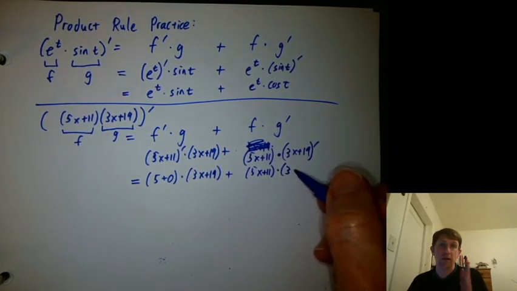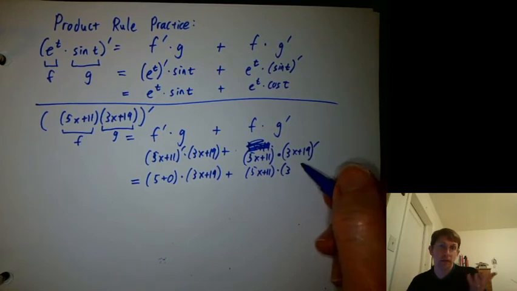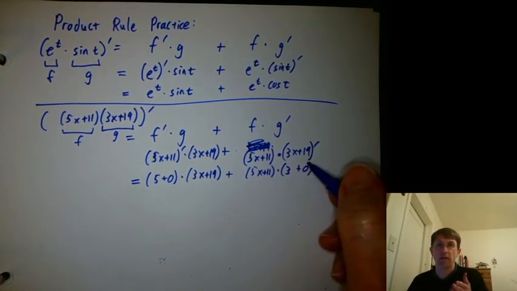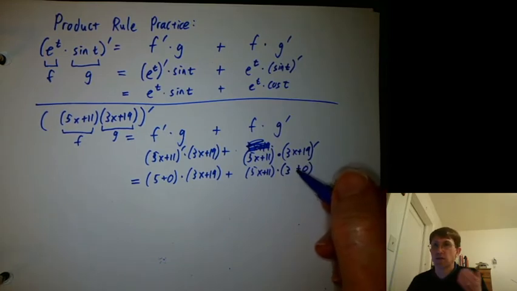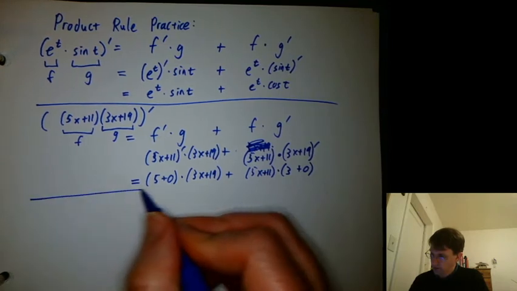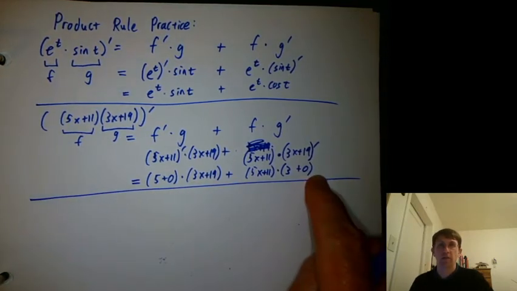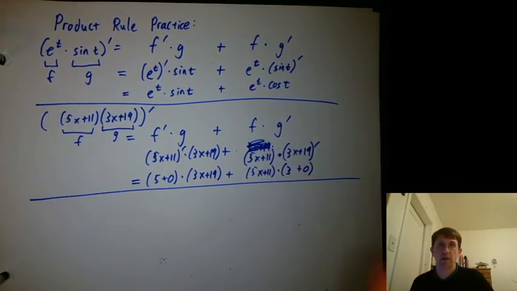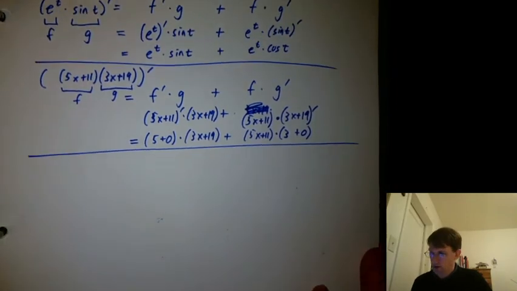You could even say 3 times 1, derivative of x is 1, but you don't have to. Plus 0, because the derivative of 19 is 0. Again, you could just write the 3 if you're used to doing that kind of stuff. You could simplify that, but that's not the main point. The main point here is to practice the product rule.